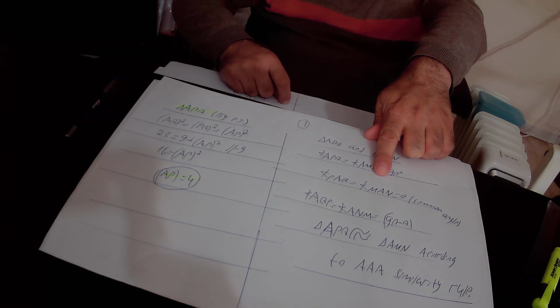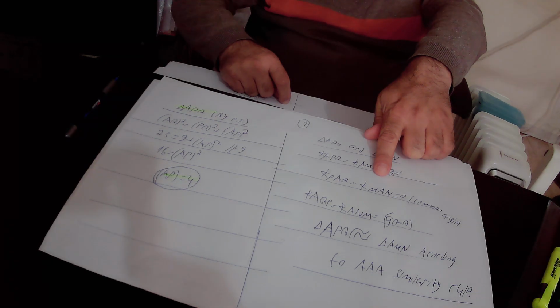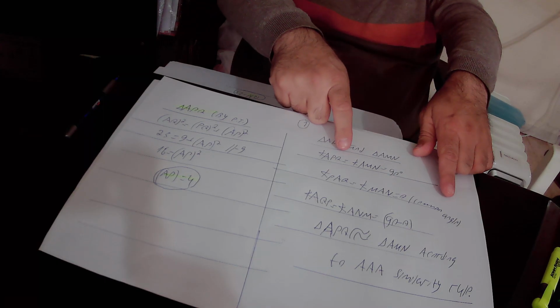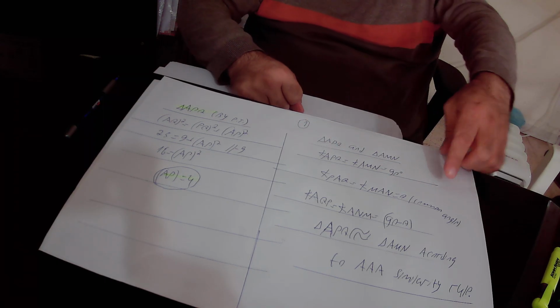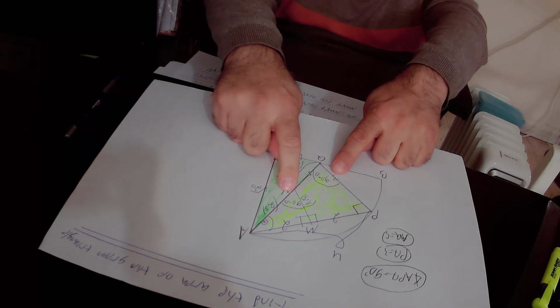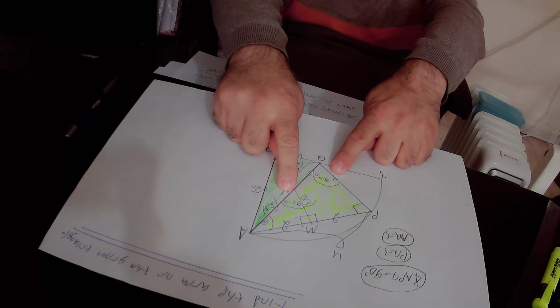In the small triangle, angle theta is actually angle MAN. So actually angle theta equals itself as a common angle that belongs to both triangles. And finally, those two angles are both equal to 90 degrees minus theta, therefore they are equal to each other.